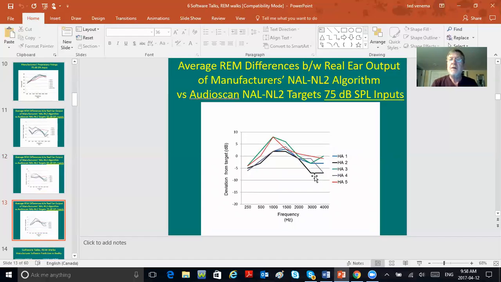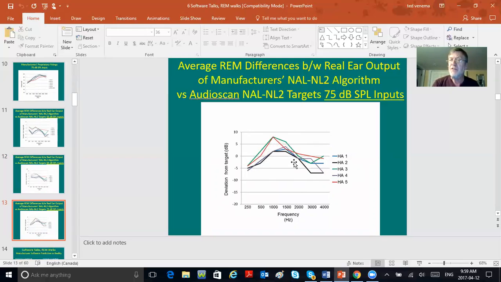And now, look at how they differ for louder inputs. Lots of difference here. For loud input, now the manufacturers are asking for more. Look at the 0. 0 would mean no difference.